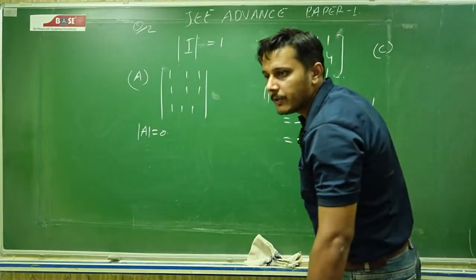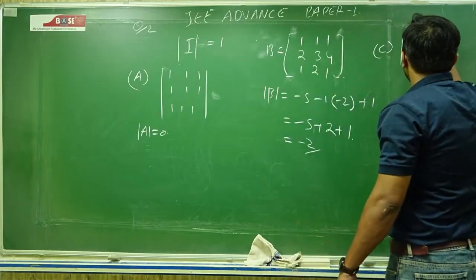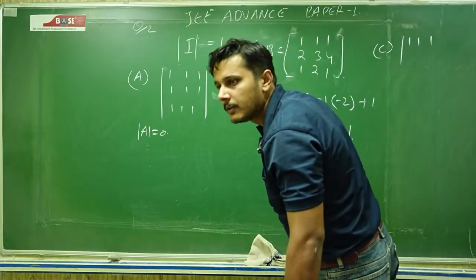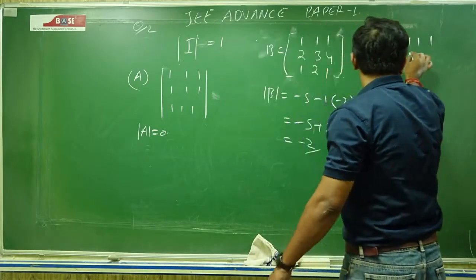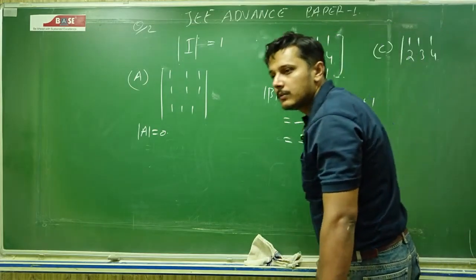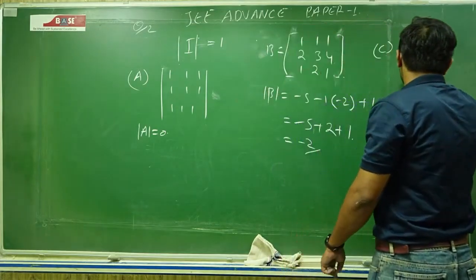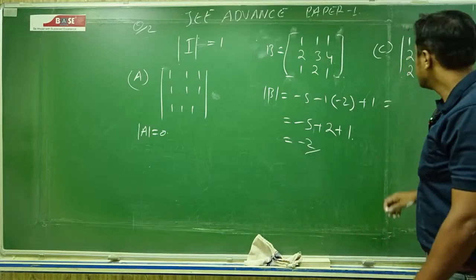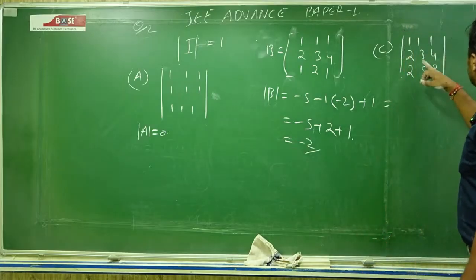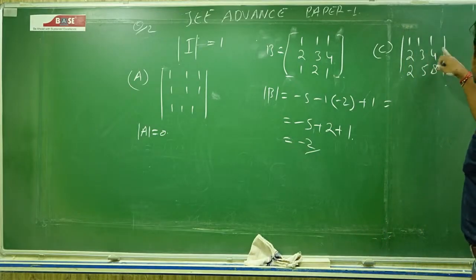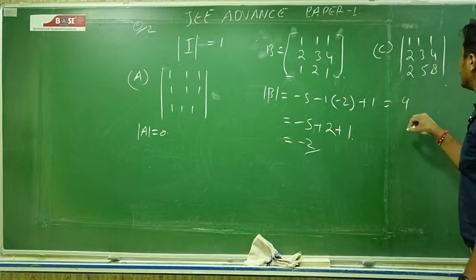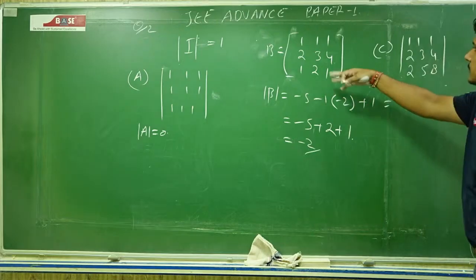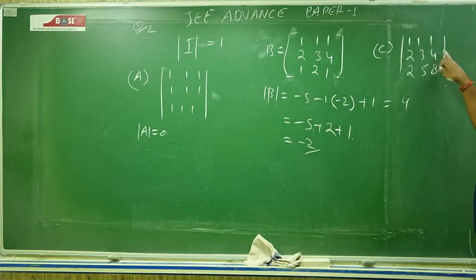For the option C, 1 1 1, 2 3 4, and the last one is 2 5 8. Let's find the determinant value of this. 24 minus 20, so plus 4. 24 plus 4.